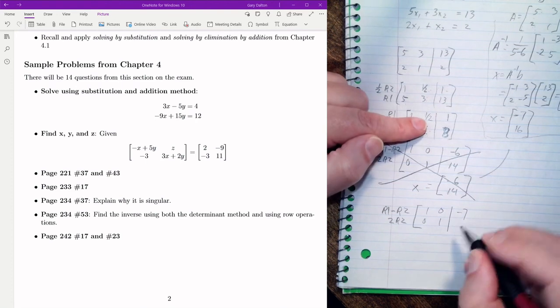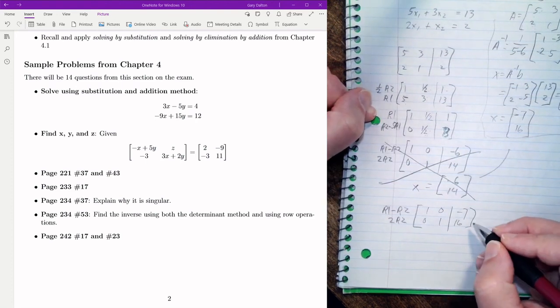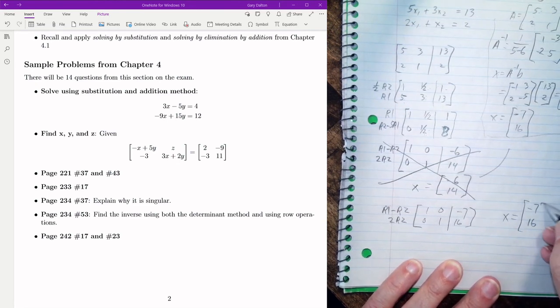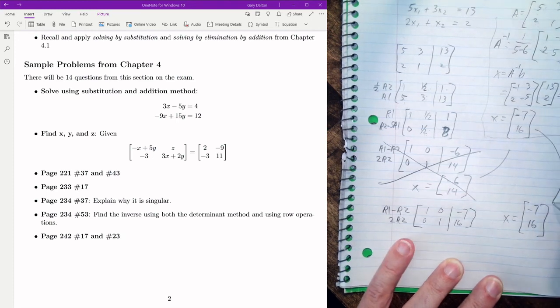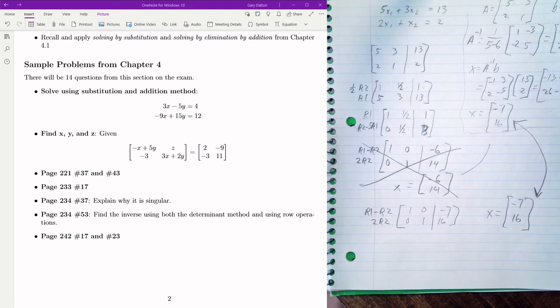And 2 times 8 is 16, which gives us x equals minus 7 and 16. And this time we do have agreement. And there we go. That is the correct result.